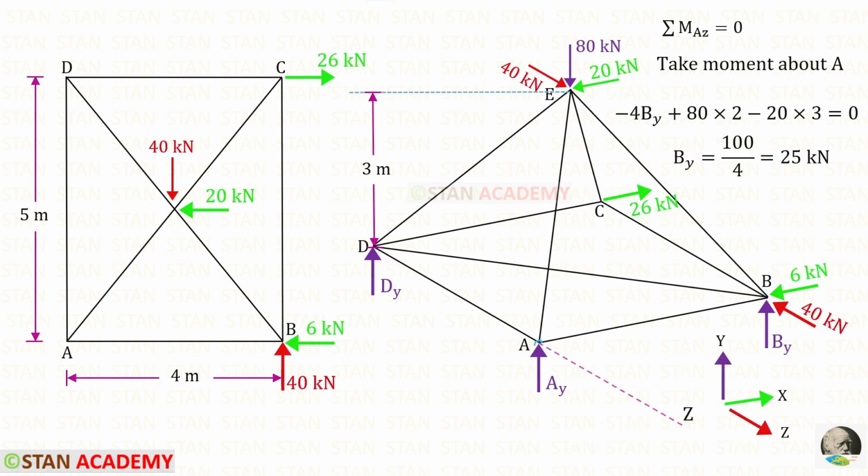Now let us take moment about A in the z direction. We need to draw a line in the z direction along the point A. Then it will be easy to take a moment. We know that when we take moment in the z direction, we should not take any load or reaction in the z direction. So this one and this one we should not take.